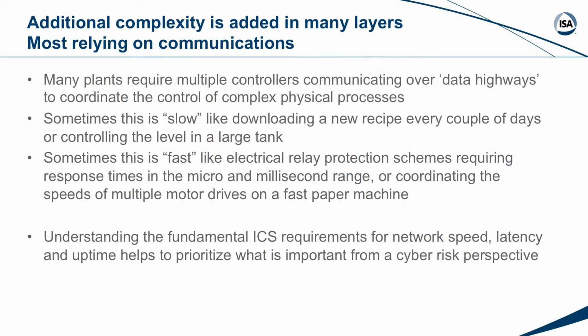Unless you understand why they're talking and what they're talking about, you don't know how important that specific communications network is. You could have two communications networks side by side where cutting one is not a really big deal, or cutting the other one means all of a sudden you're in an emergency shutdown mode and you're blowing steam out of big steam pipes on the side of the building, right?